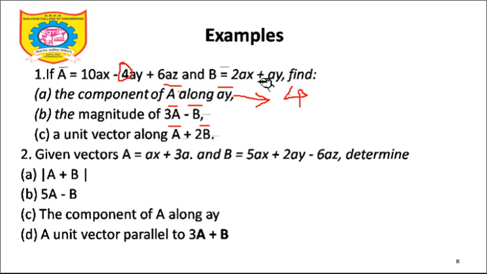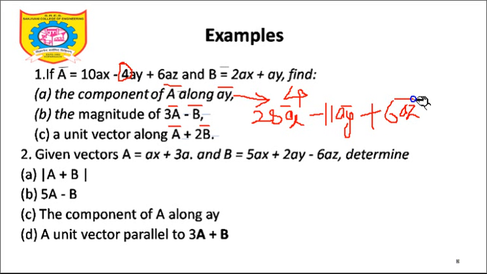So 30 minus 2 will become 28ax bar, and for ay bar, 3 4s are 12, so minus 12 minus 1, so it is minus 13ay bar. There is no coefficient of az in B bar, that's why we will have 18az bar as a common thing. So this is the vector 3A bar minus B bar.